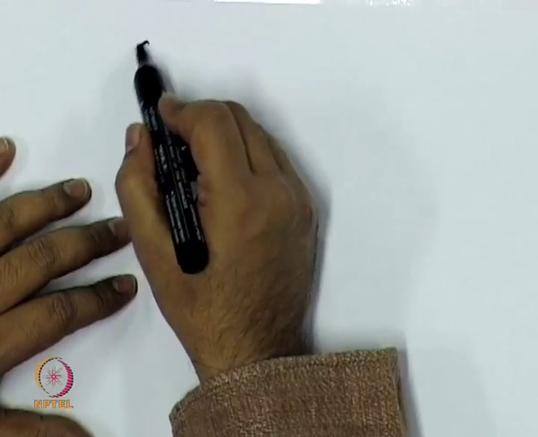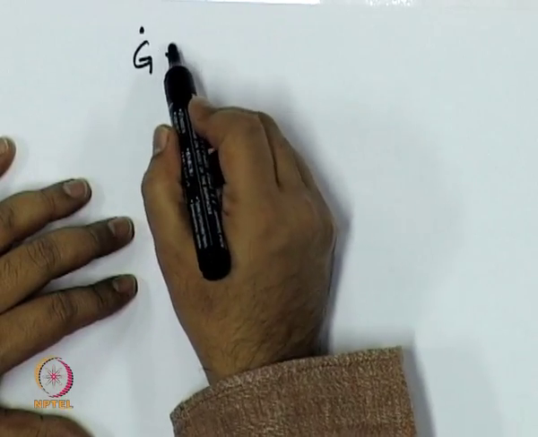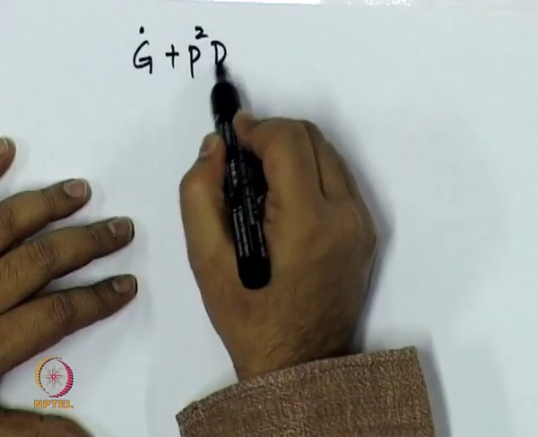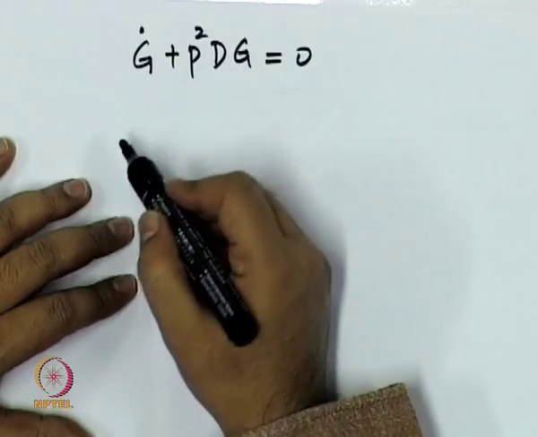Welcome. We have been looking at solving the diffusion equation using the variable separable method, and we have solved one of the ODEs. The second ODE that we want to solve is G dot plus P squared G equal to 0.